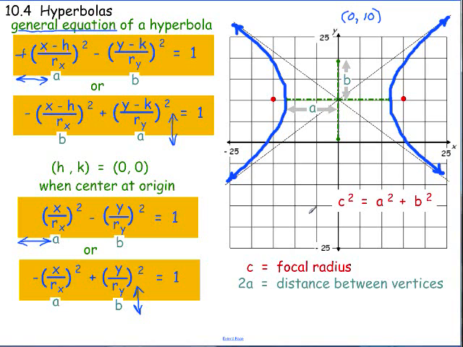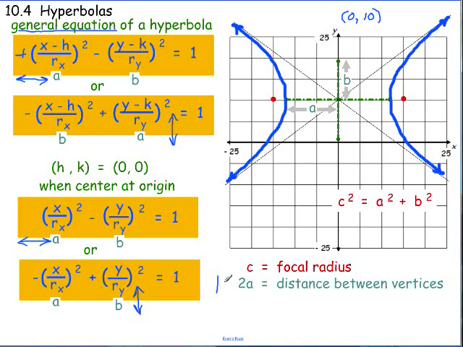The focal radius is the distance from the center to the focal point. If you know what a is and you know what b is, it can be calculated by squaring a, squaring b, adding them together, and then taking the square root of that.